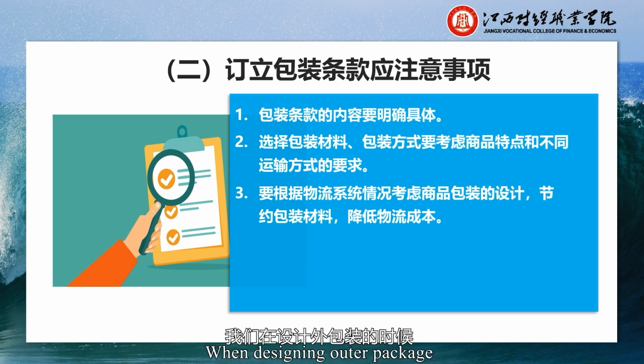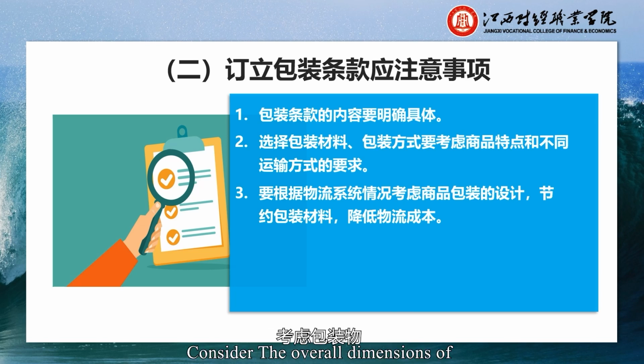Therefore, when designing the package, it is important to consider the overall dimensions of packaging materials to save cost. In addition, we also need to consider whether the overall dimensions of packaging materials can match the size of the carrier, so as to make the best use of loading volume and reduce logistics costs.